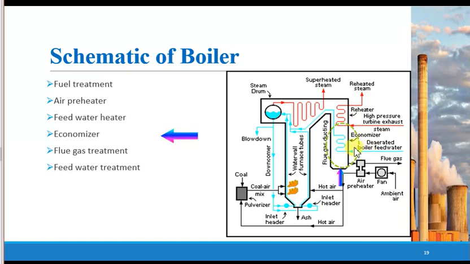The main difference between the feed water heater and the economizer is that it uses flue gases for heating the feed water, but in the feed water heater we use the steam which is bled from the turbine.